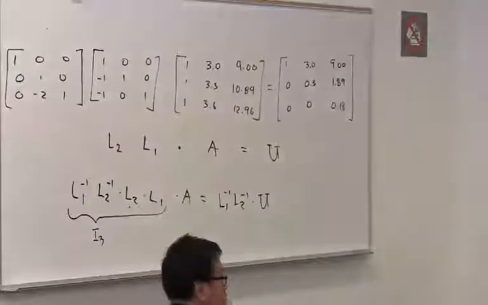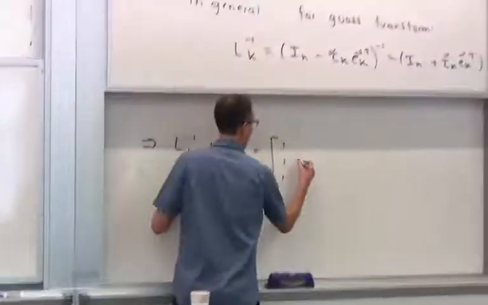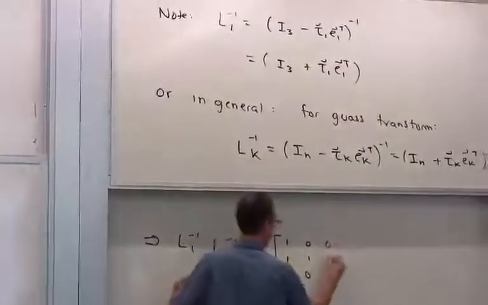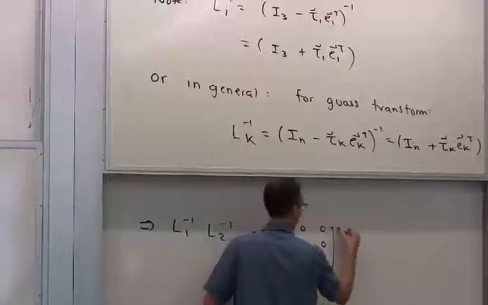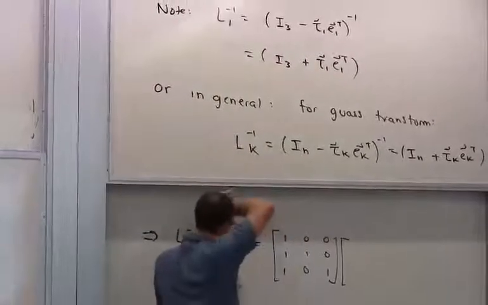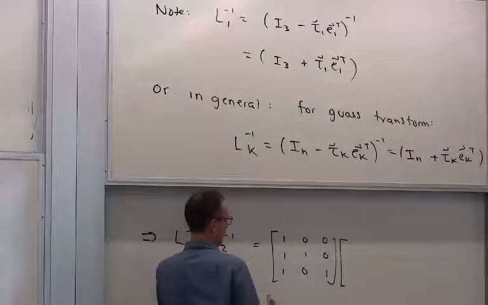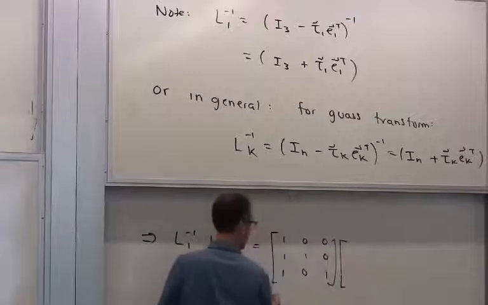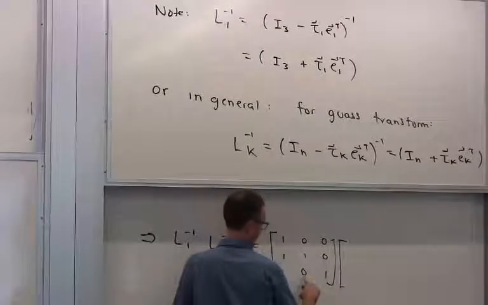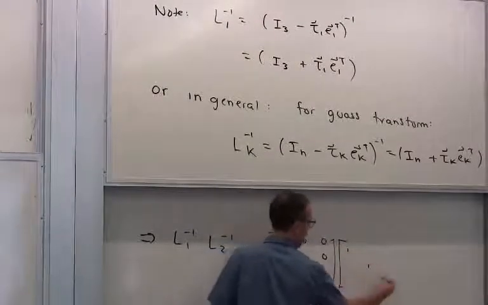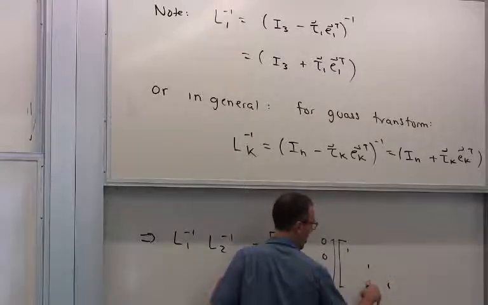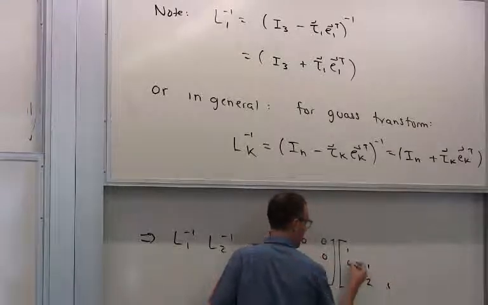It becomes positive. And then what? L2 inverse. L2 was 1, 1, 1. This was a negative. That became positive.